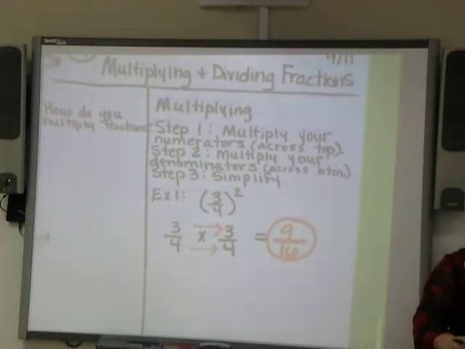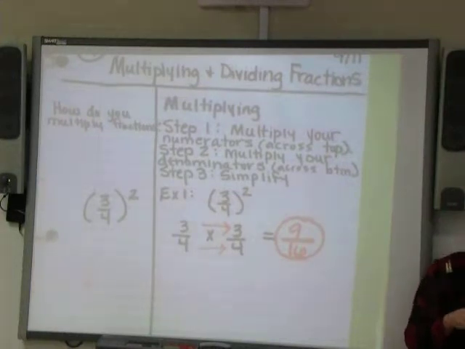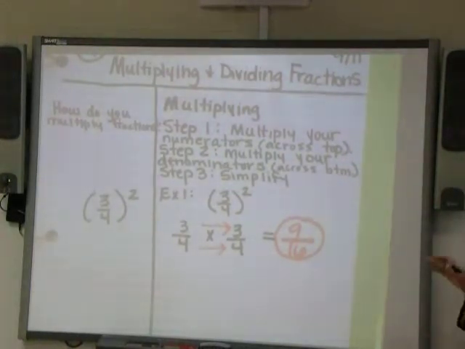Now I would bring out my problem over here to the side. This was 3/4 squared. And you bring out the original problem over into the margin.